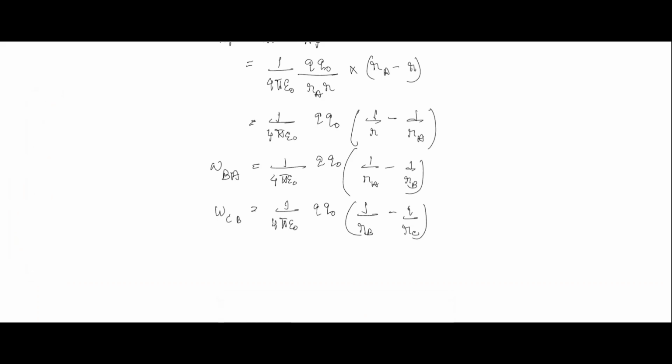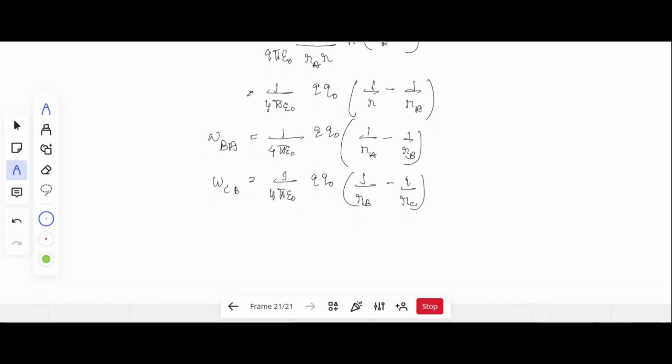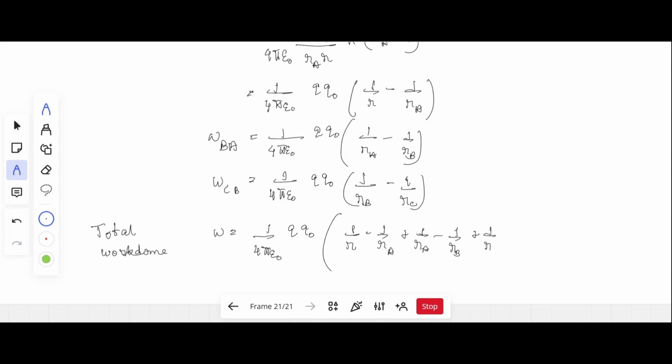And so on. So the total work done in moving the charge from infinity to the point P would be sum of all these components, 1 by 4 pi epsilon naught q naught. So sum of all of the components would be 1 by r minus 1 by ra plus 1 by ra minus 1 by rb plus 1 by rb minus 1 by rc.